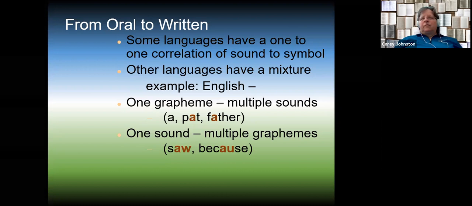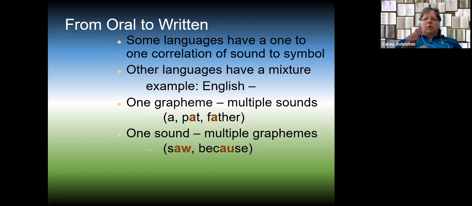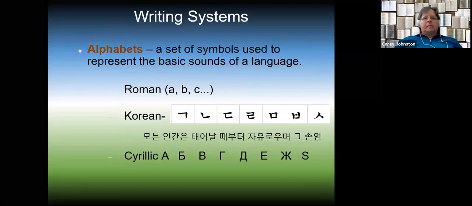This causes some difficulties for literacy, because when you're introducing sounds for reading you have to introduce these multiple ways of doing things. So for a lot of the languages we're working in, where it's been more recent that the language was put into a written form, there's a better one-to-one correlation.